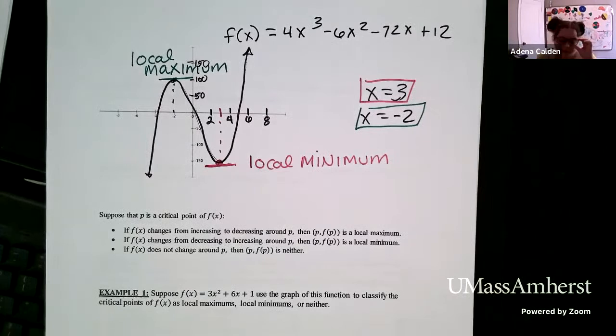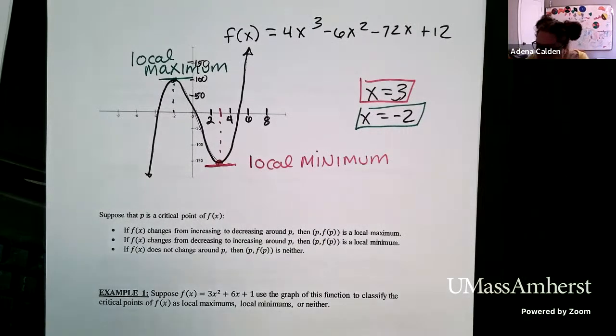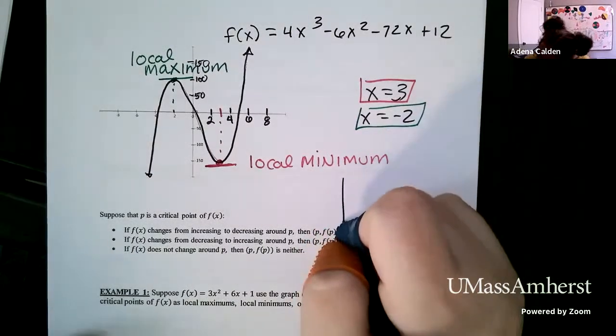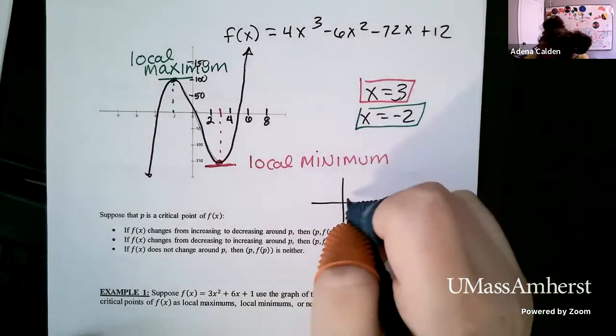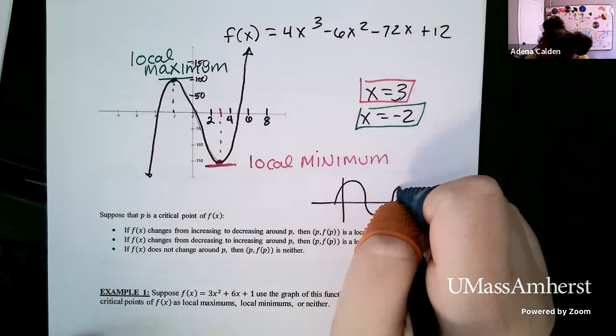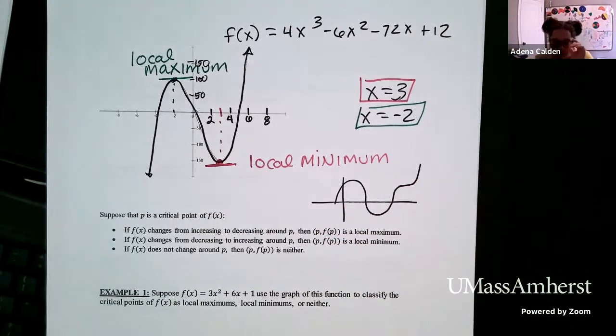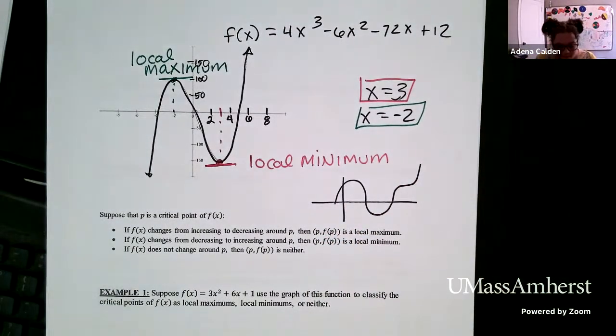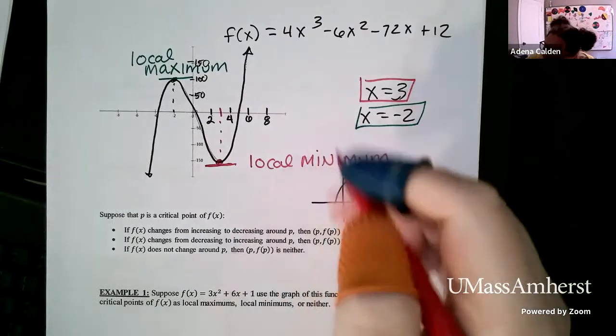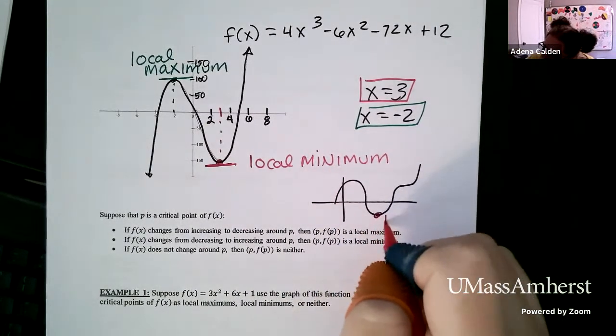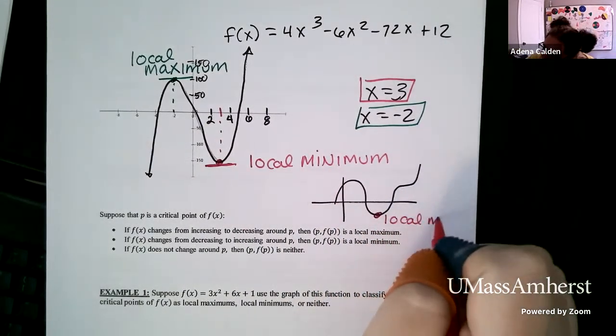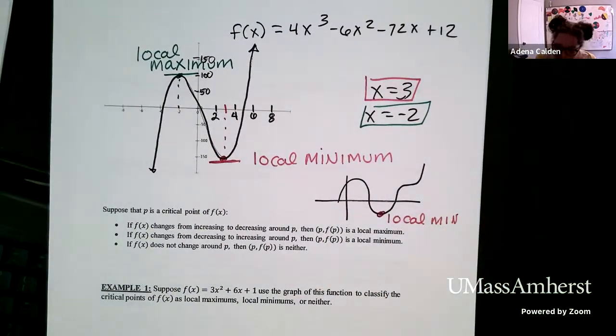Let's talk about this neither case real quick. You could have a graph that looks like this. On this picture, we have a local minimum here. That's a critical point. We have a local maximum over here.